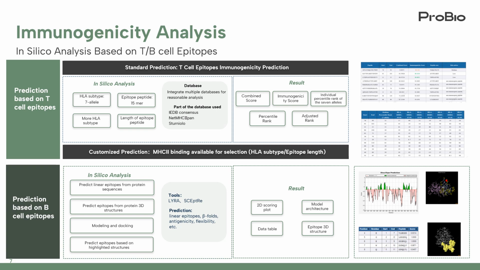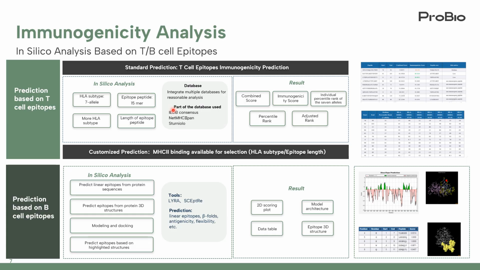There are several publicly available databases that provide DIY services for T-cell epitope predictions. These databases like IEDB will return a list of peptide sequences based on predefined HLA subtype and the length of epitope.